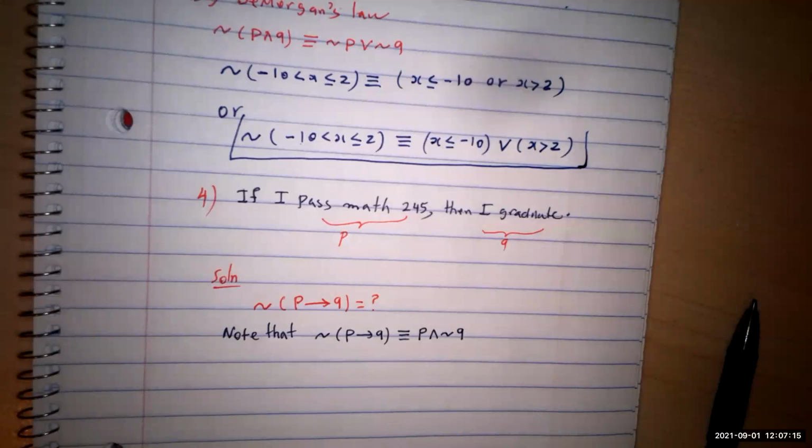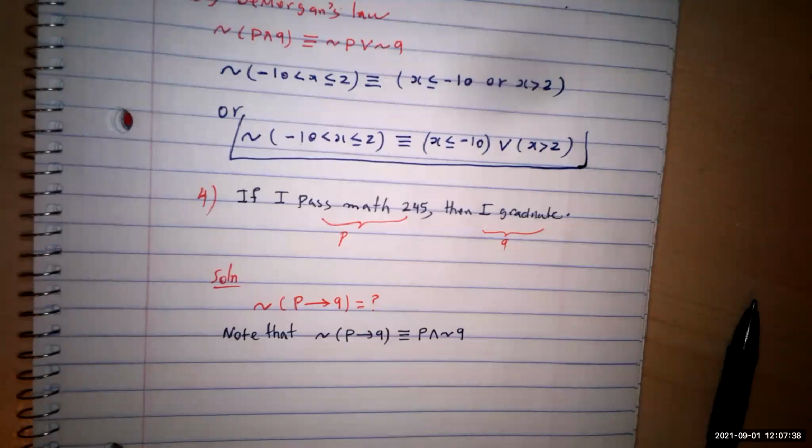I passed math 245 and I do not graduate. That's it. Yes, that's it. Very good. I passed math 245, but I don't graduate, or I didn't graduate. It's something like that. Okay, it's P and not Q.